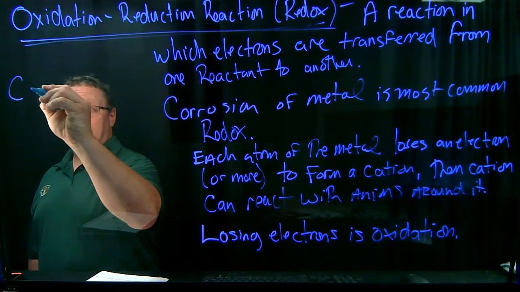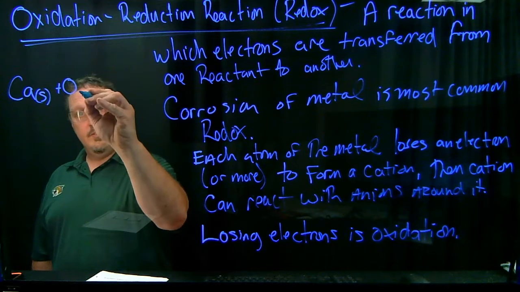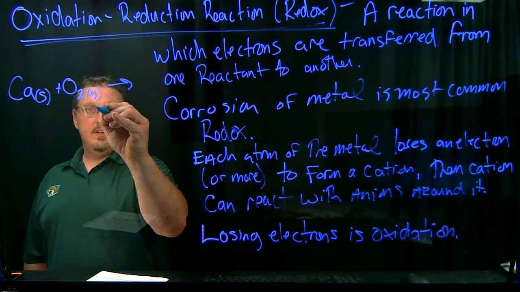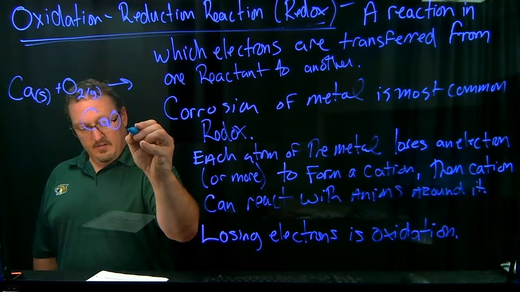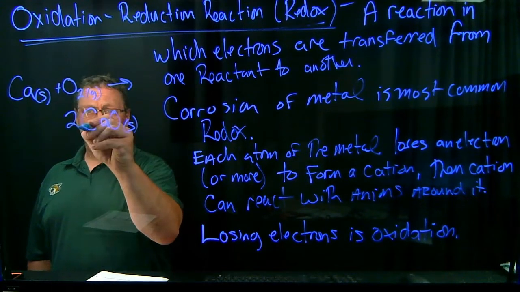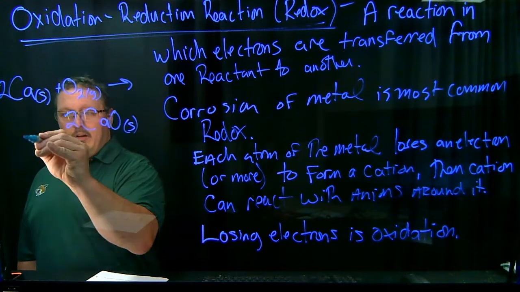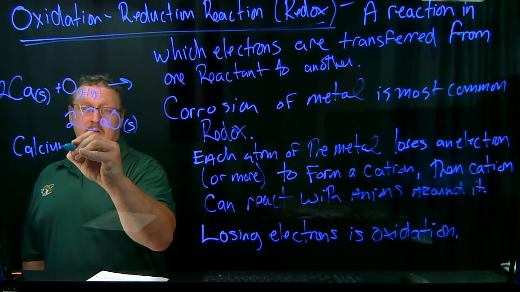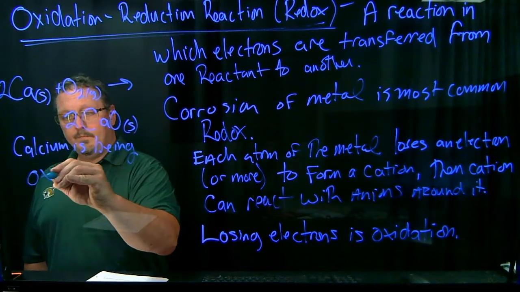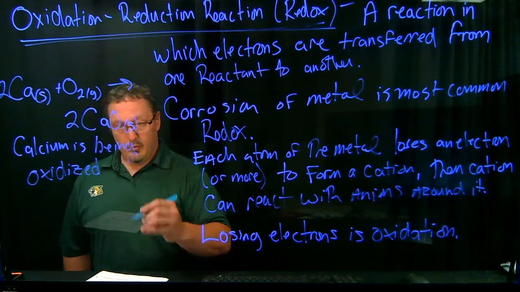That's what's happening. Okay, so if we were to talk about this in a specific reaction, we could say we would have calcium as a solid plus oxygen, I'm going to leave it as O2, in a gas phase. We would see that it was making calcium oxide, and in this case, it would be a solid. If we balance it out, we put a 2 here, we put a 2 here, and that would be happy news. And so what's happening here is calcium is being oxidized to Ca2+.